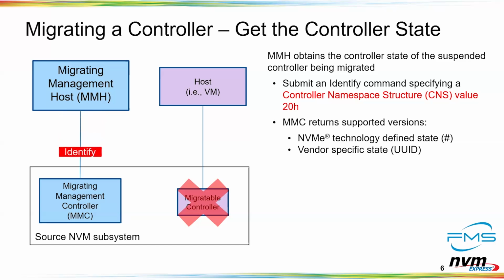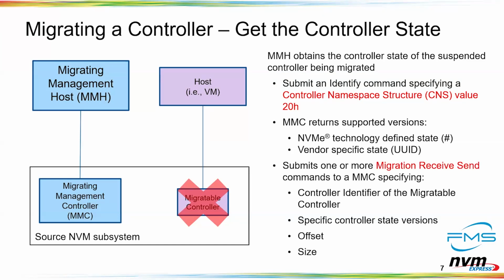You issue an identify command, and what comes back is the set of versions that you support; you may support one, or you may support multiple. Once you understand the versions, then when you go to obtain the controller state for that migratable controller that was suspended, you're going to understand the format.